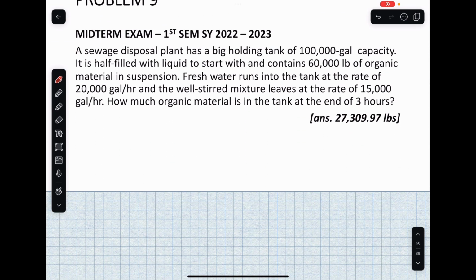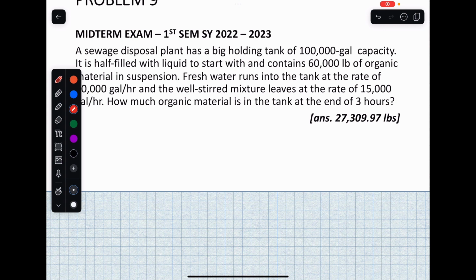So let's have our first example. It states that a sewage disposal plant has a big holding tank of 100,000 gallon capacity. It is filled with liquid to start with and contains 60,000 pounds of organic material in suspension.